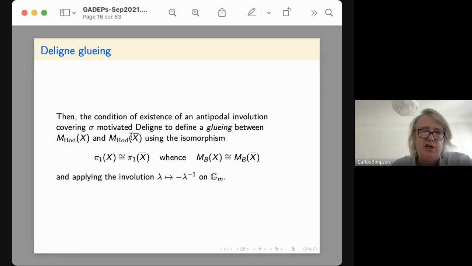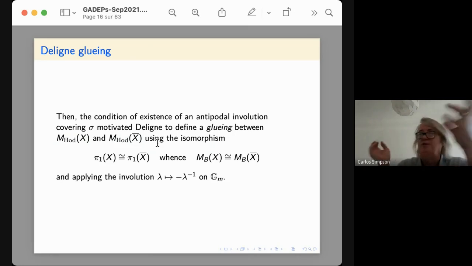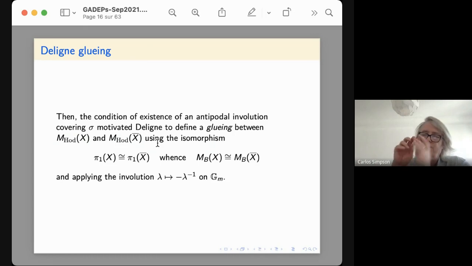So the complex conjugate curve X bar just means you take the equations of the curve and take the complex conjugate of all the coefficients. If you take a point of the curve and take the complex conjugate of its coordinates, that's going to be a point in the complex conjugate curve. So there's a natural map between X and X bar, but it's not a holomorphic map, it's an anti-holomorphic map.